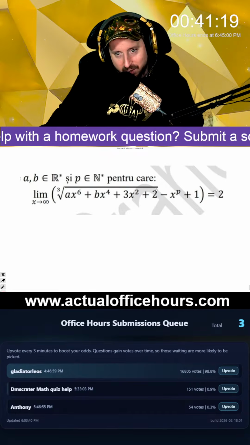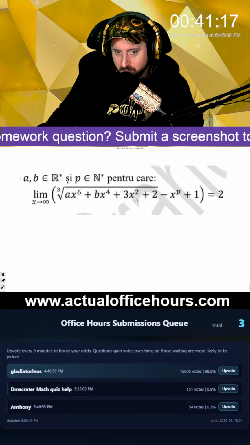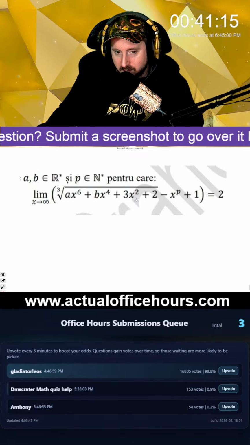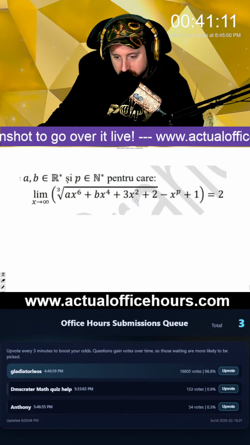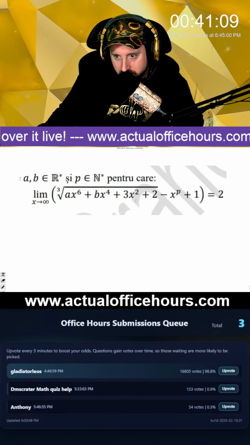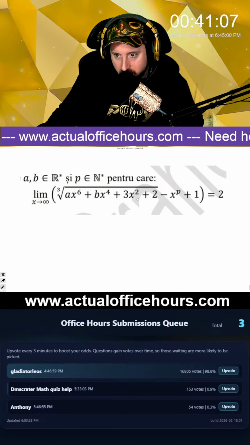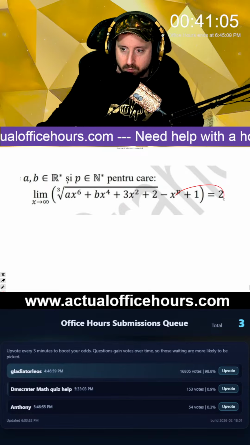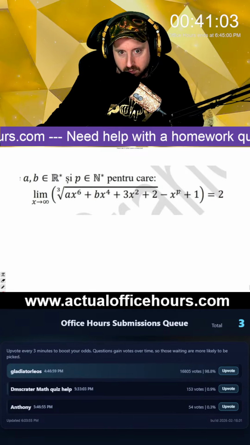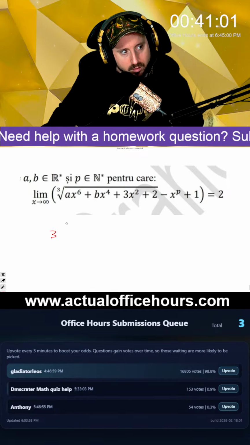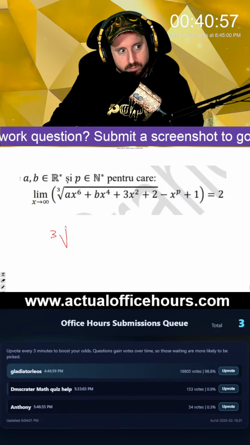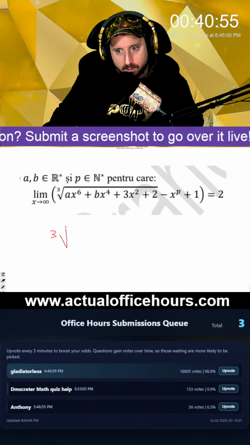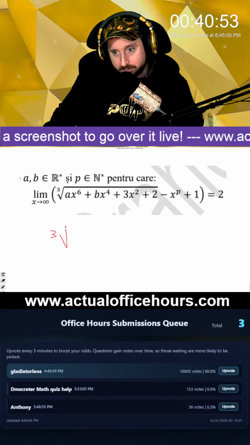Let me think how to do this. I think I move this over to the right. Is this what I do? Well, that limit's equal to 1, right?